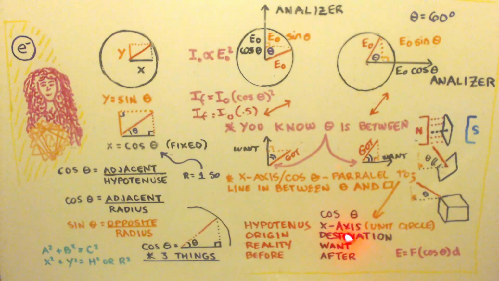So the cosine theta, it's not always the x-axis, but it's always the destination, or what you want, or what happens after. It's a better situation, and the hypotenuse is always the origin, the first, the reality. This is before and this is after.